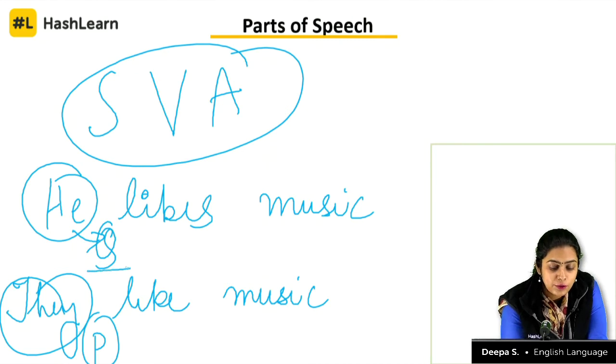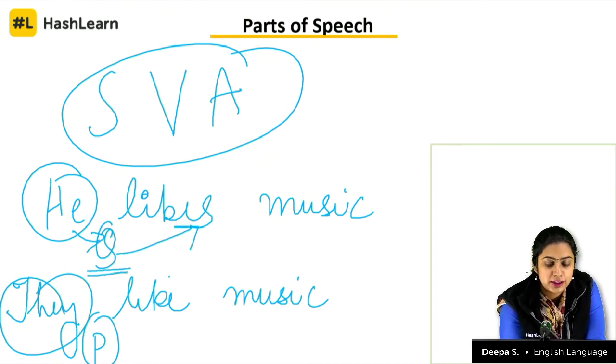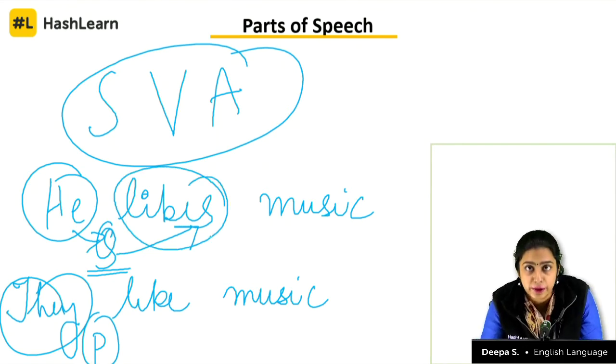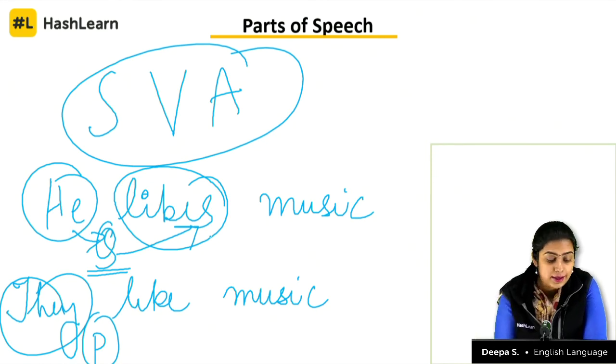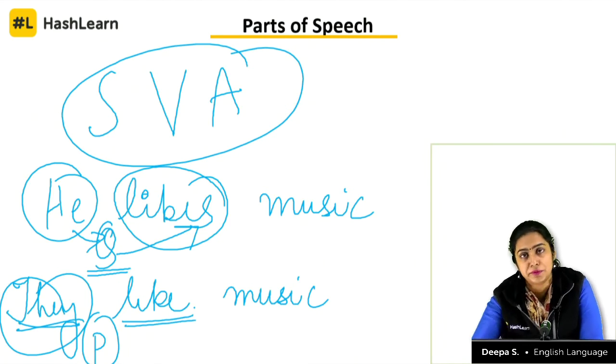Okay. So if you have a singular subject, the verb takes the singular form, which is likes. He likes music. It is not he like music. On the other hand, if we have a plural subject, we have a plural noun. They like music and not they likes music.